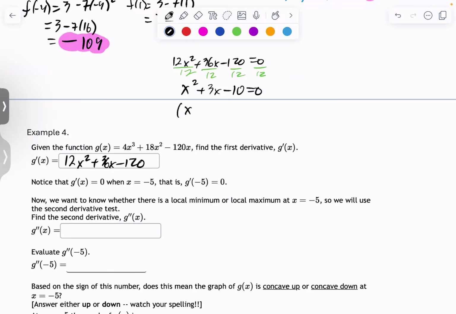It looks like we're getting x plus 5 and x minus 2. Let's rewrite that. x plus 5, x minus 2. So x plus 5 equals 0, x minus 2 equals 0.